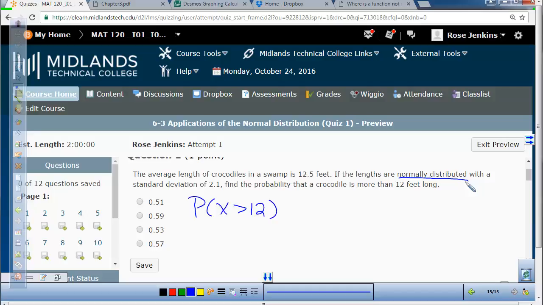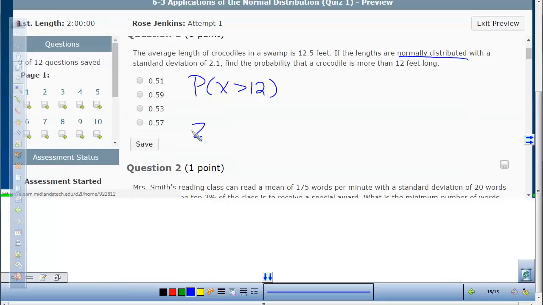And so we'll do that by saying z equals x minus x bar over s, or 12 minus the average length is 12.5, and my standard deviation is 2.1.